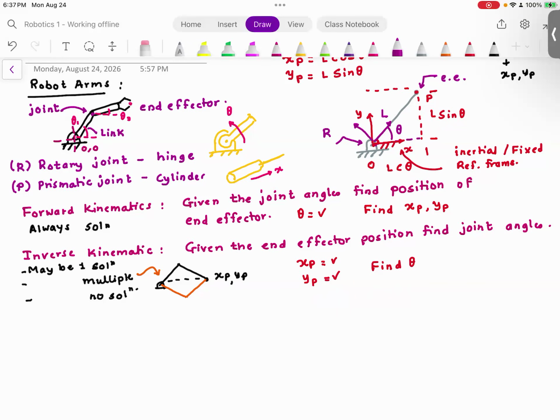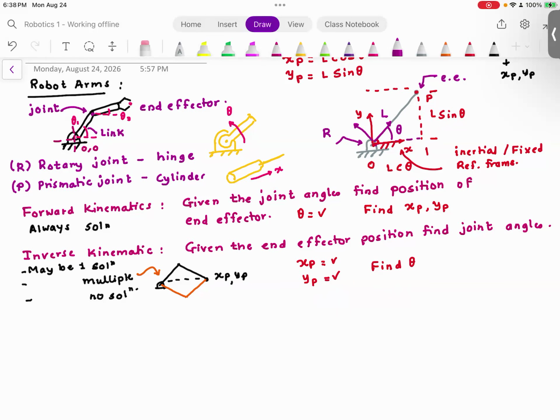So you have one red reference frame which is fixed, and you have another reference frame which is moving. So I need to find out what is the relationship between the fixed reference frame and the moving reference frame. And that is called rotation transformation. It is extremely important in robotics.